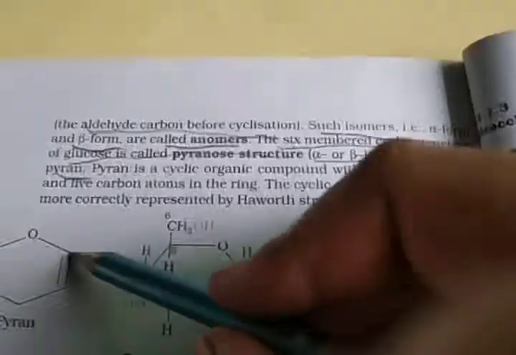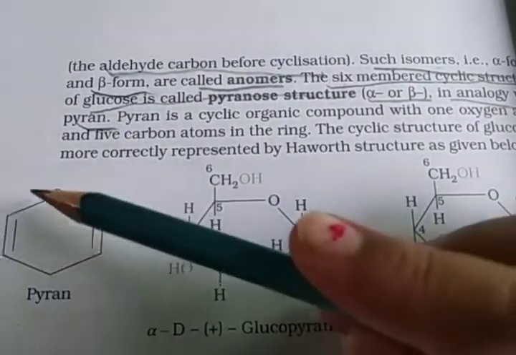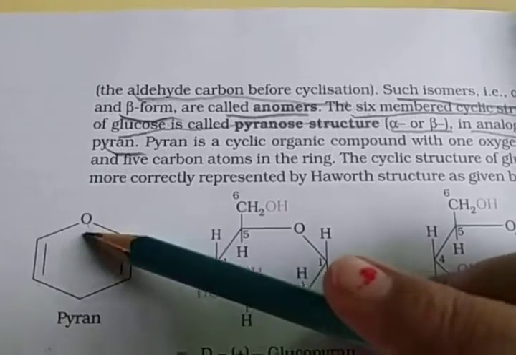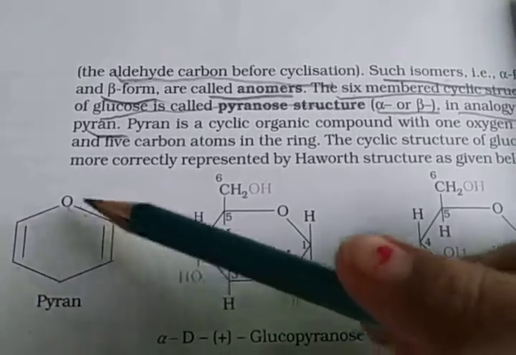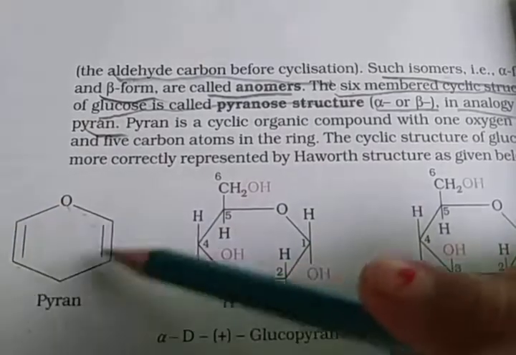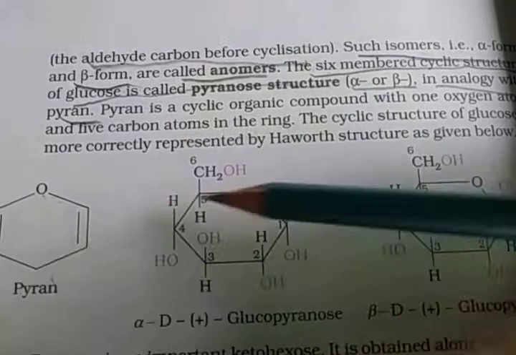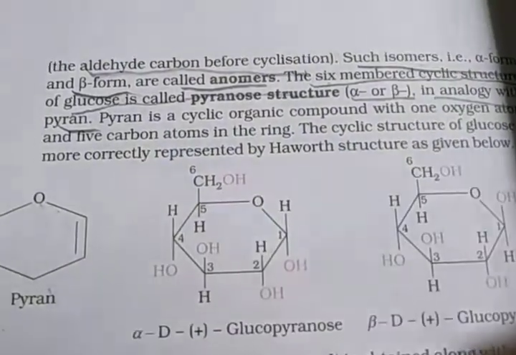Pyran is a cyclic organic compound with 1 oxygen atom and 5 carbon atoms in the ring. So it is a pyran, and according to the pyran, we have to form the glucose cyclic structure.